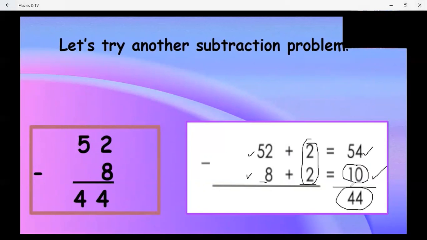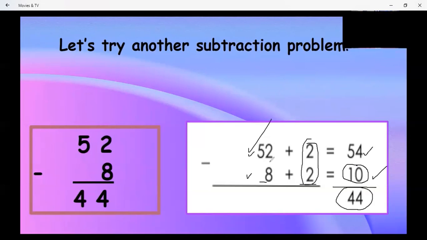We will not add 1 to the difference because we already added it to the minuend. Earlier we added 1 because our subtrahend is 9, so 9 needs 1 in order for it to become 10.